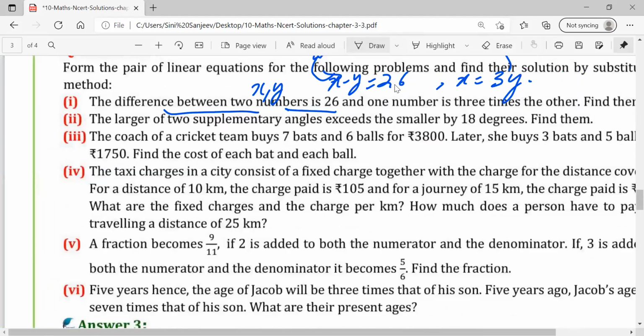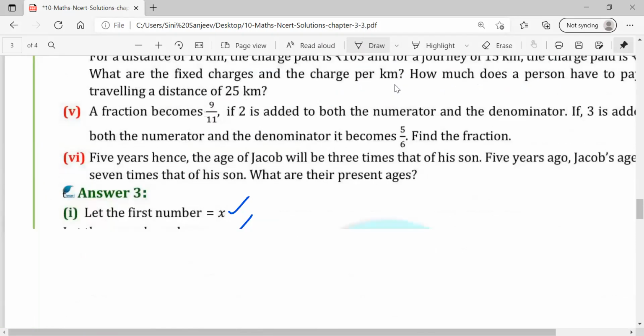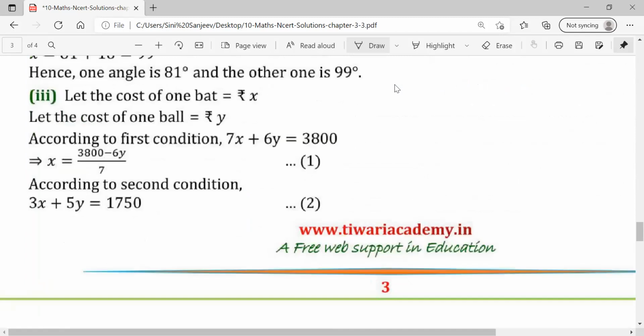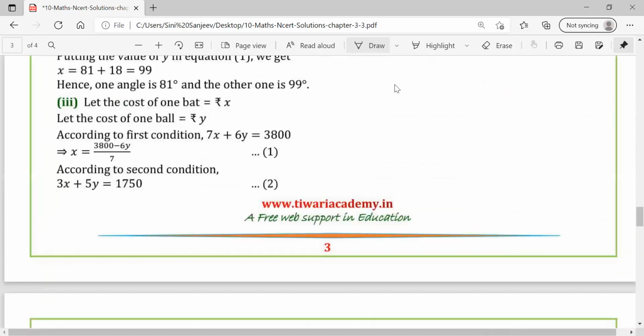The second question: the larger of the two supplementary angles exceeds the smaller by 18 degrees. Find them. It's a very small question.